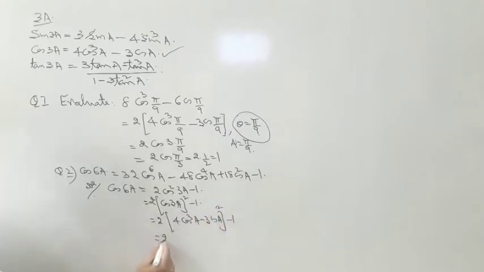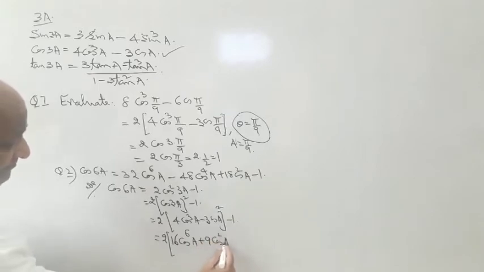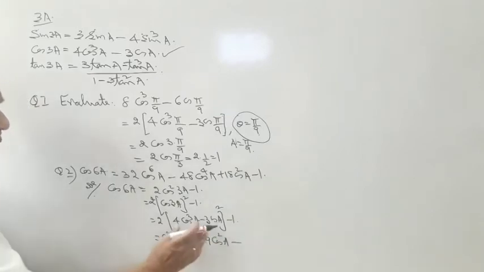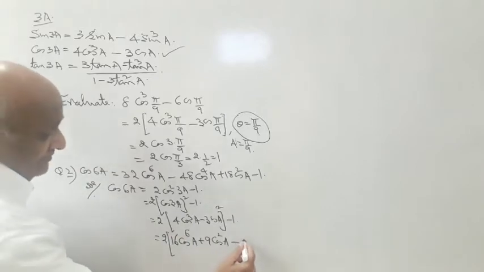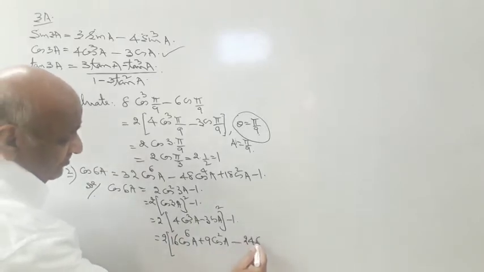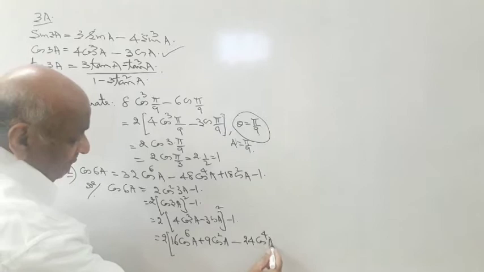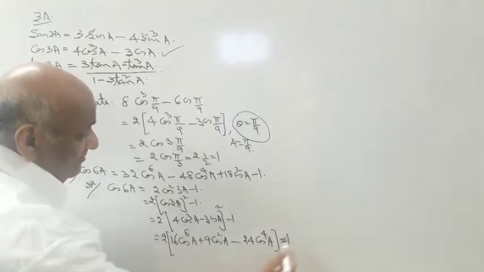Open the square. It becomes 16 cos to the power 6 a plus 9 cos square a minus 4 3s are 12, 2s are 24 cos to the power 4 a, this minus 1.